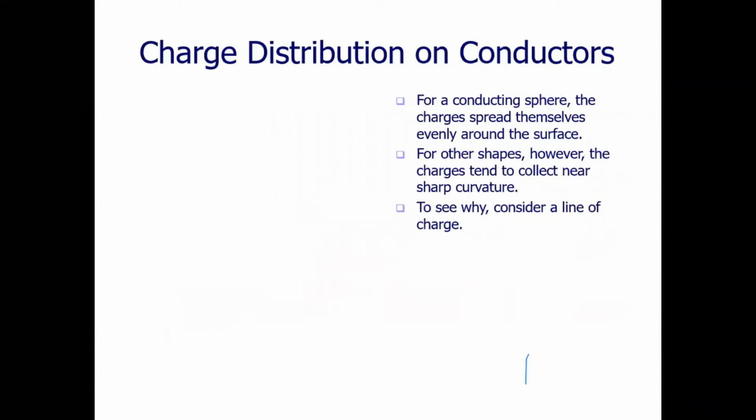Okay, and then the other thing was that in a conductor, the charge is distributed in such a way that it is concentrated on the edges of the conductor. If the conductor has some sharp edges, then you expect a high charge buildup in those areas.